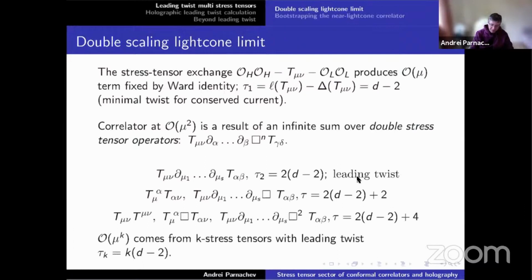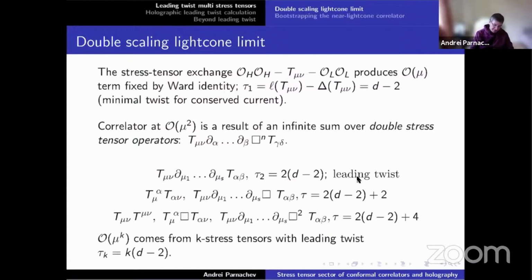And one can consider leading twist operators, where the twist is 2 times d minus 2, where you just insert a bunch of derivatives in the middle of the stress tensors. And then you can start contracting indices, which decreases the twist. You can start contracting more indices, which decreases the twist even further. So at each twist, you have an infinite number of operators, and there is a whole family here.